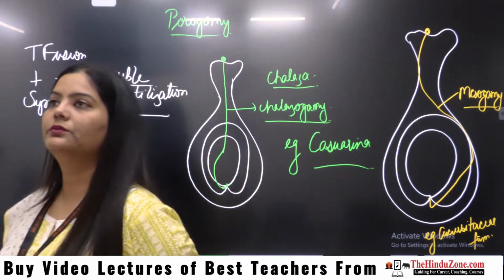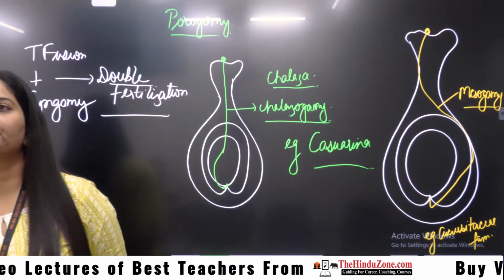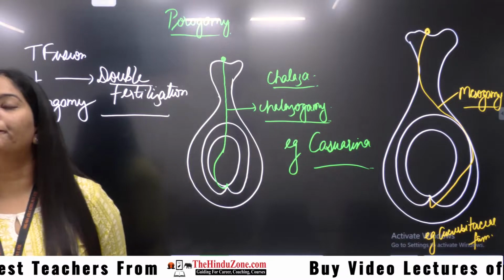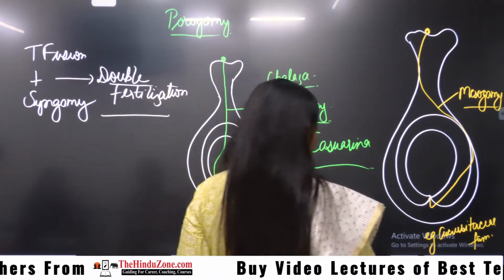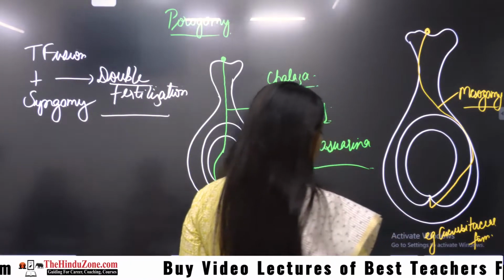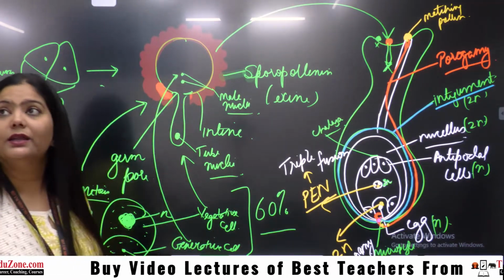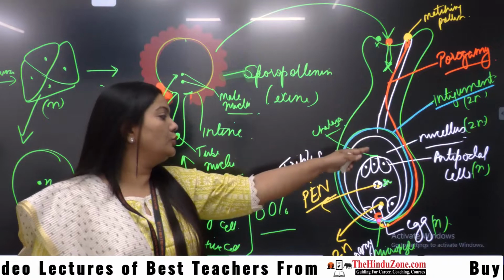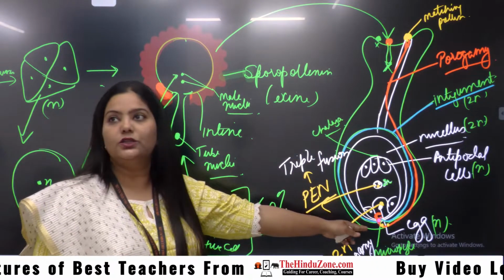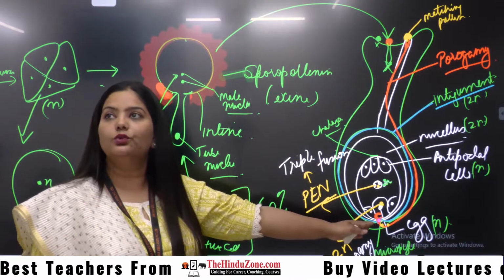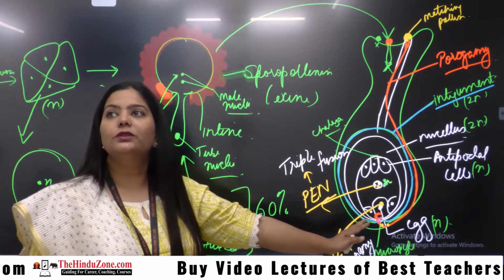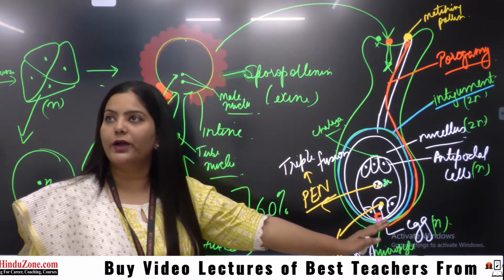Ma'am, can you repeat mesogamy? Sure, beta. When the pollen grain comes and matches with the stigma, it lays off a pollen tube. If this pollen tube enters through the micropyle without touching the integument, to fuse with the egg, this is called porogamy.